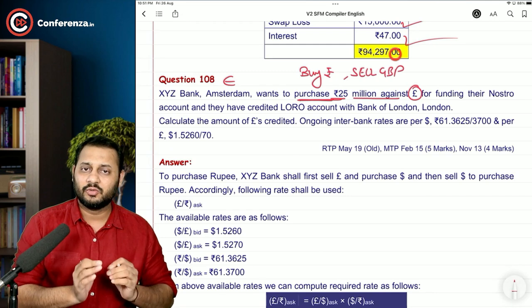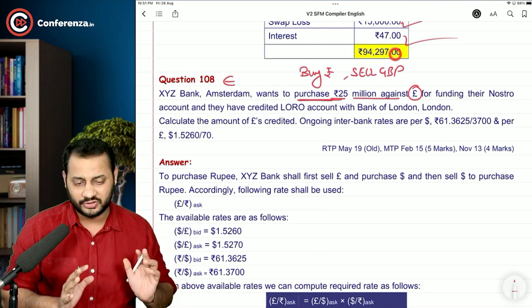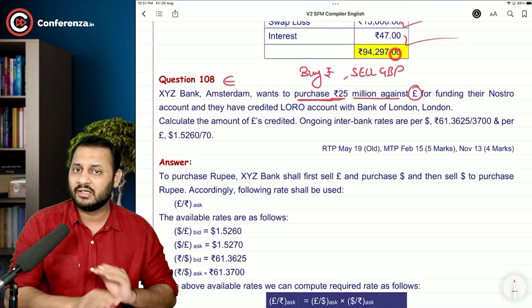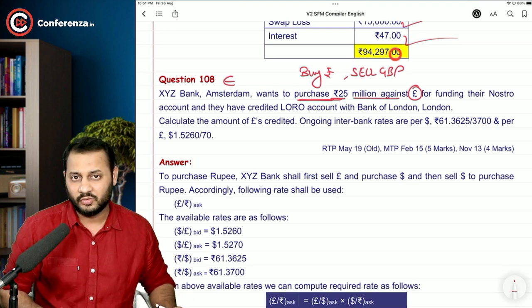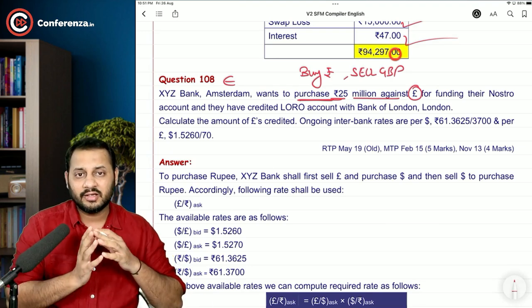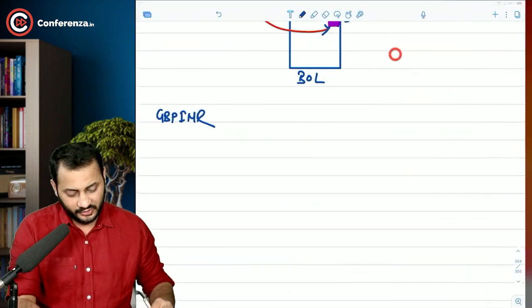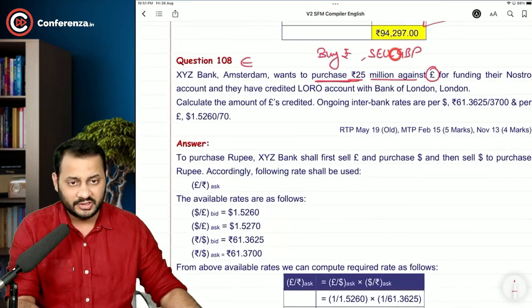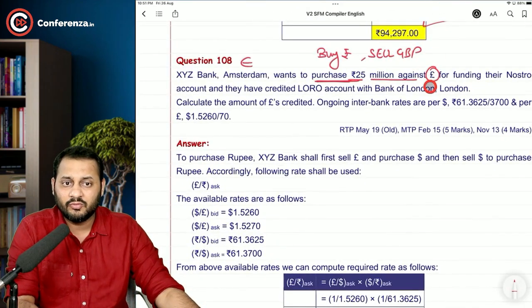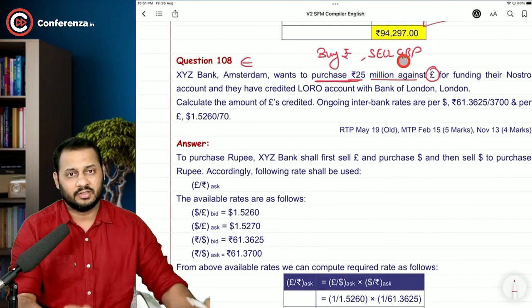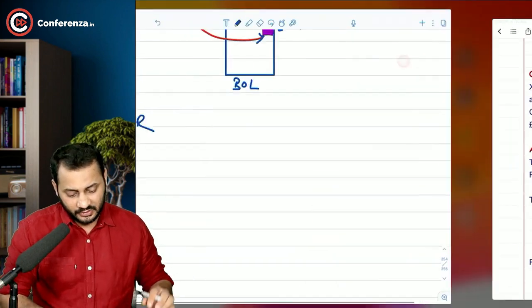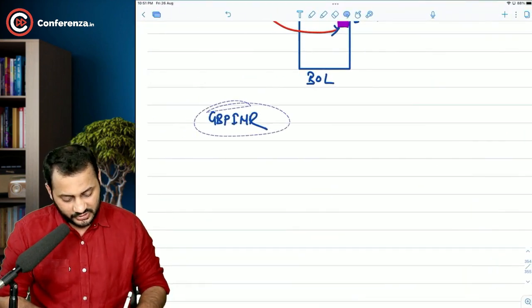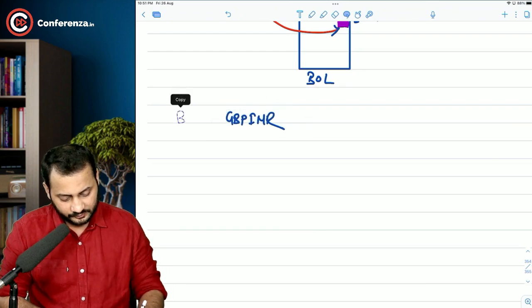Now you can calculate or take any kind of cross rate, INR GBP or GBP INR, both will work. Okay, I am going from the angle of GBP INR. So if I go from the angle of GBP INR, I want to understand: this bank wants to sell GBP, the other bank will buy GBP. So what rate will be applicable? Sir, the bid rate will be applicable.